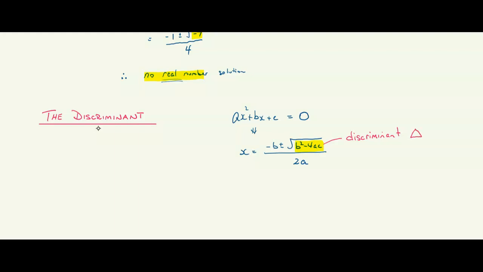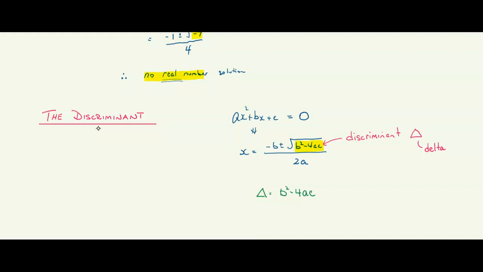That's delta, and that is the symbol used for the discriminant. So when we talk about the discriminant, we're just talking about that value in there. Let's be very clear, the discriminant, the delta symbol, is equal to b squared minus 4ac.